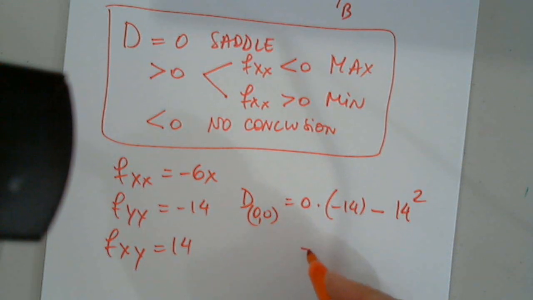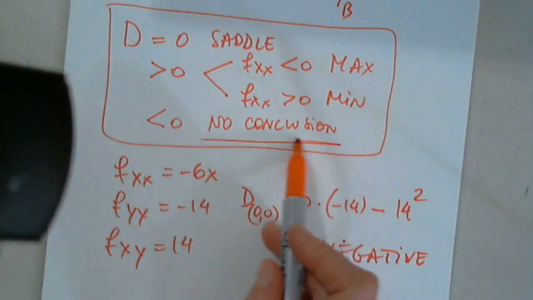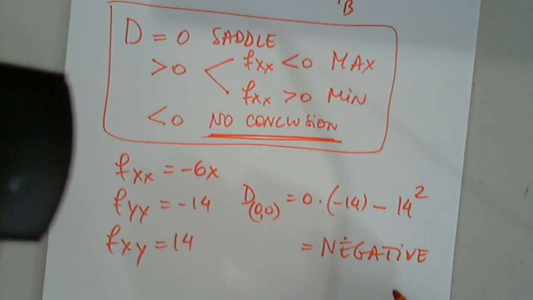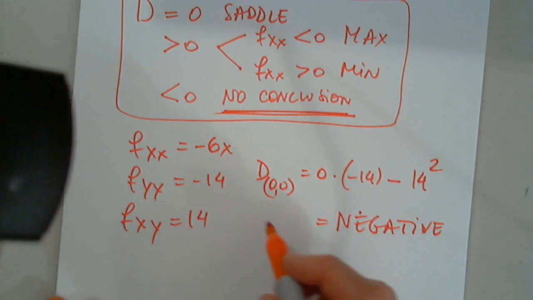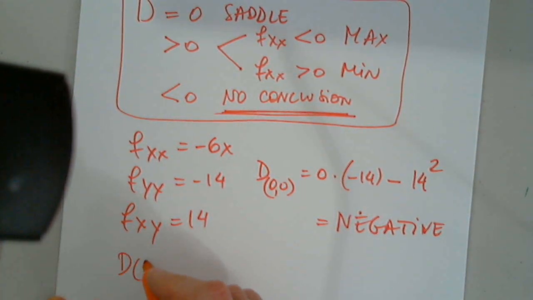So this is 0, and this is a negative number. No conclusion. The test is not applicable. It cannot be applied. Okay, next. We conduct the same. We determine the D for, what was it, 14 over 3, 14 over 3.